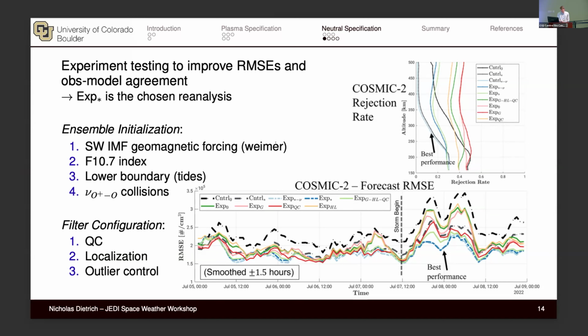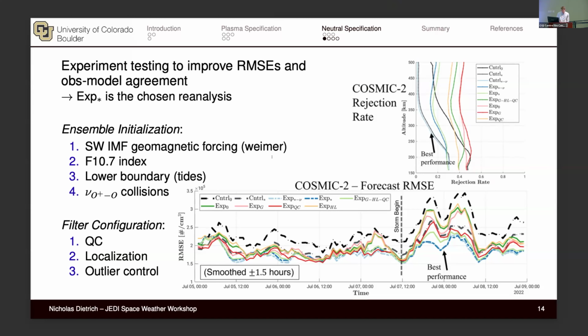And then we also tested some internal parameters, such as the collision frequency between O and O+. With the control window simulation run, we get this black and light blue curve as our best performing experiments, where we get pretty much near zero rejection at high altitudes, and low altitudes are still a problem.